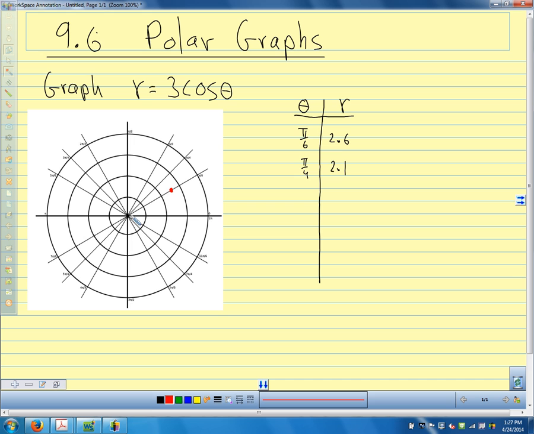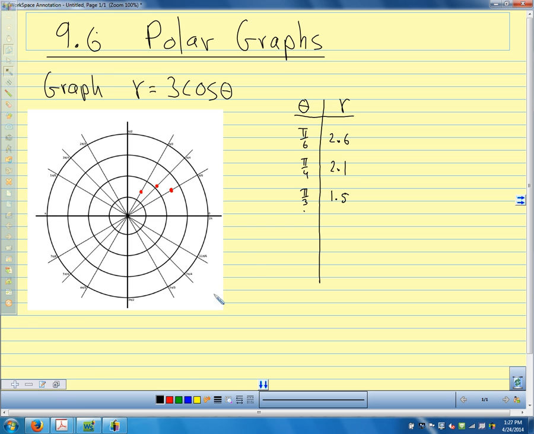So I go here to pi over 4, and r is about 2.1. Plug in pi over 3. Whoops, not 6, pi over 3. And I get that my radius is about 1.5. So at pi over 3, go to 1.5. Roughly here.